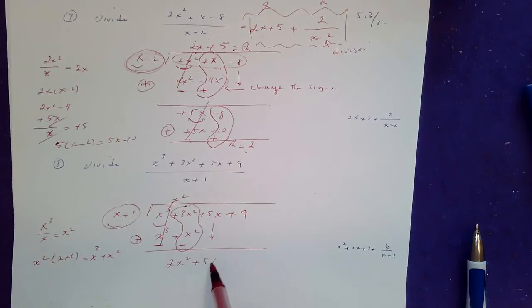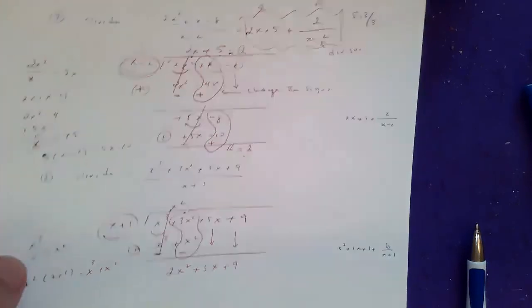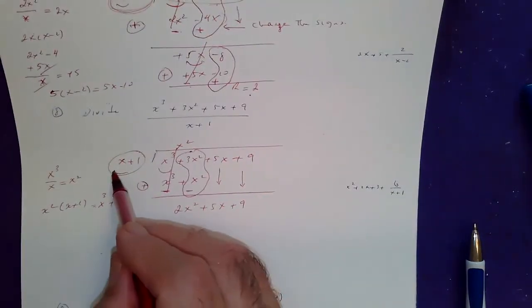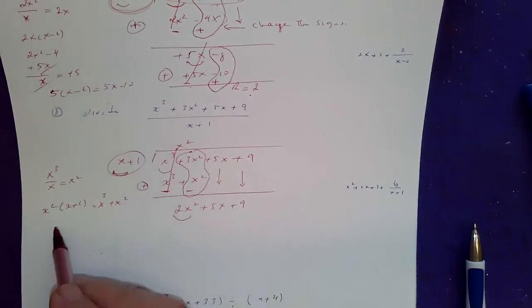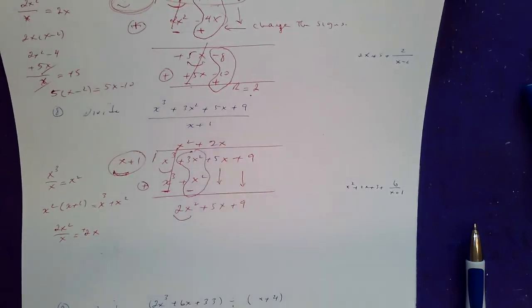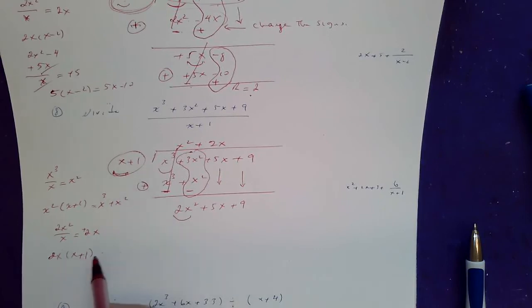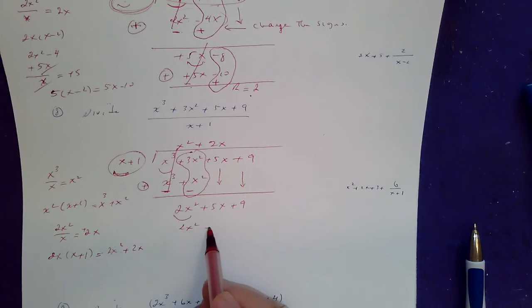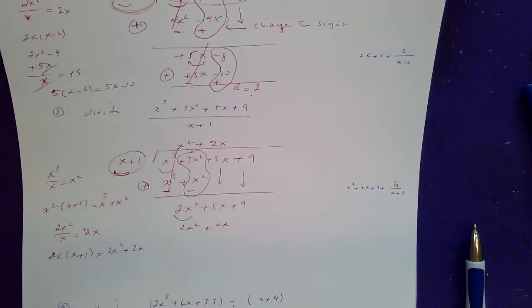Bring down the 5x, bring down the 9, and continue the saga. So now, once again, x goes into 2x squared how many times? 2x times, positive. So put the positive 2x there. Multiply the 2x by the divisor, and you get 2x squared plus 2x.